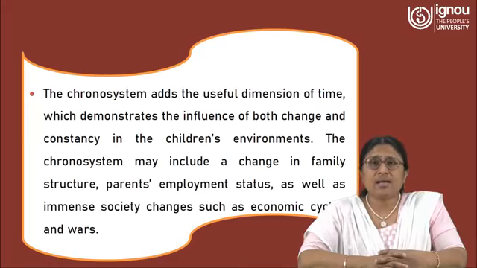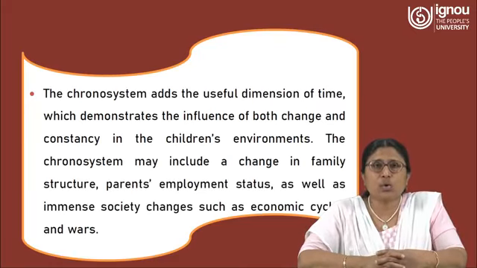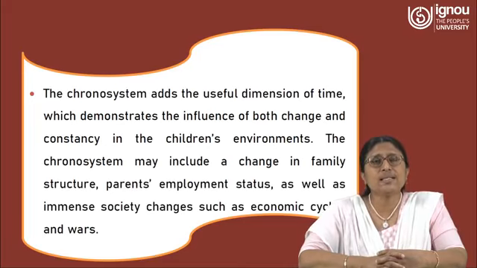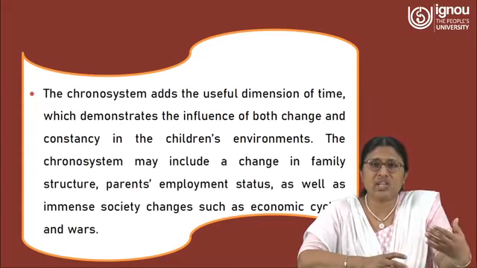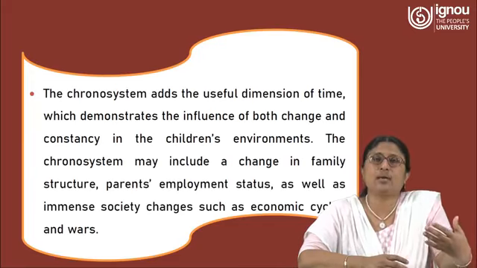Then comes the next dimension, that is the chronosystem. It adds the useful dimension of time, which demonstrates the influence of both change and constancy in the children's development. The chronosystem may include a change in family structure, parents' employment status, as well as immense social changes such as economic cycles and wars.